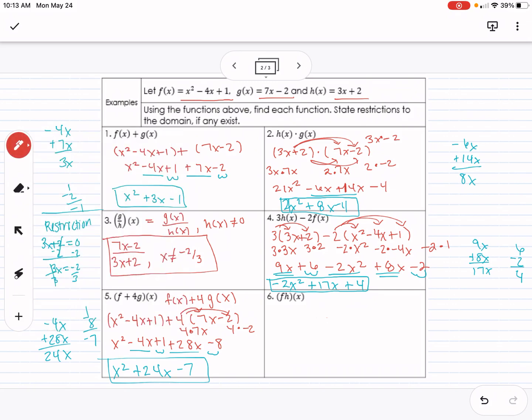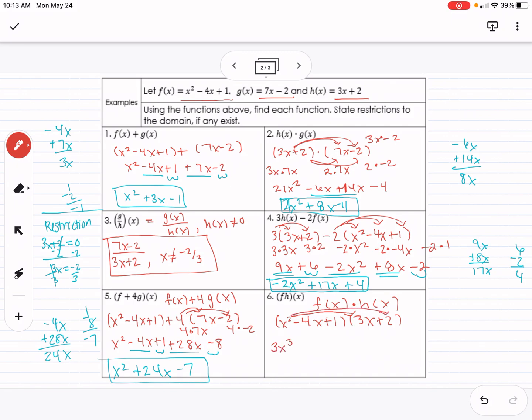Our last problem is f(h) of x, which means you're doing f of x times h of x. So here I can distribute. I'm going to start with x squared. So x squared times 3x would be 3x cubed.